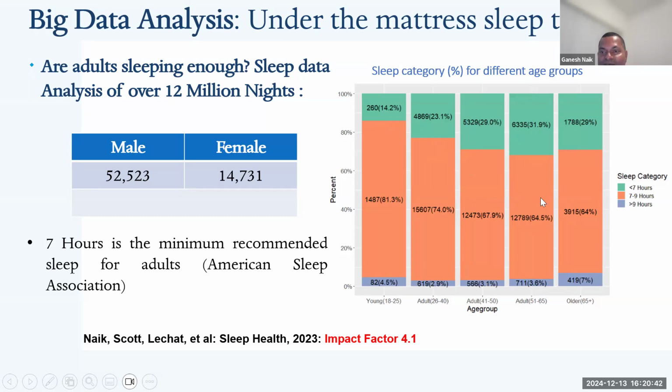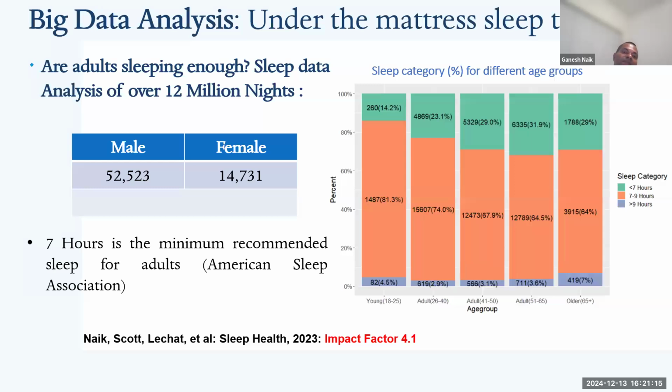Then 7 to 9 hours was this graph here, and then greater than 9 hours, you see the percentage is very low, around 4%, 3%, and so on. So basically we found that sleep deprivation, that means people sleeping less, is very common all over the world, especially the young and the normal adults sleeping less.